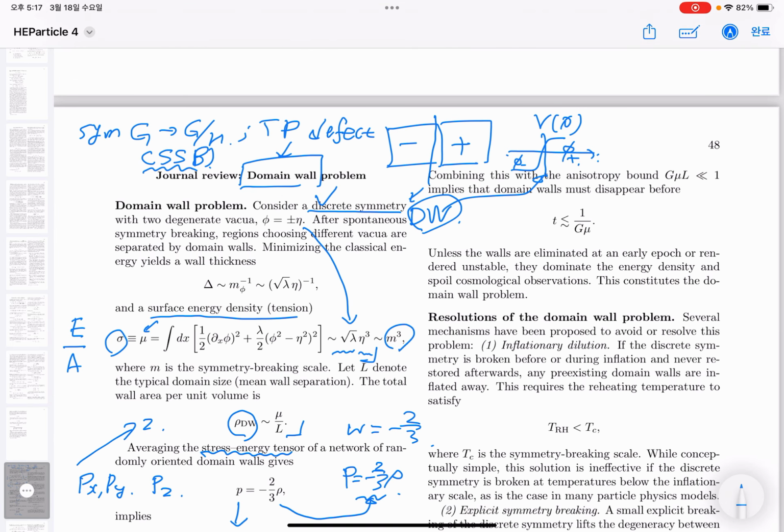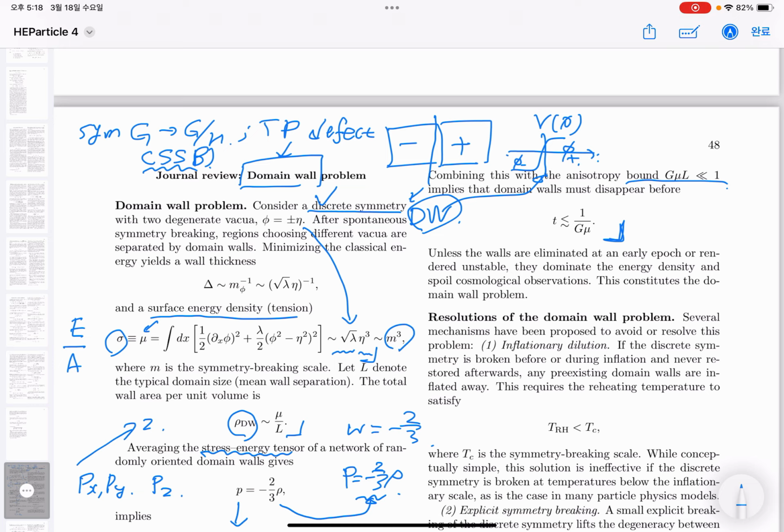By combining these inequalities with the anisotropy constraint, to avoid domain wall domination, the domain wall should disappear before the time with the scale of 1 over G mu.